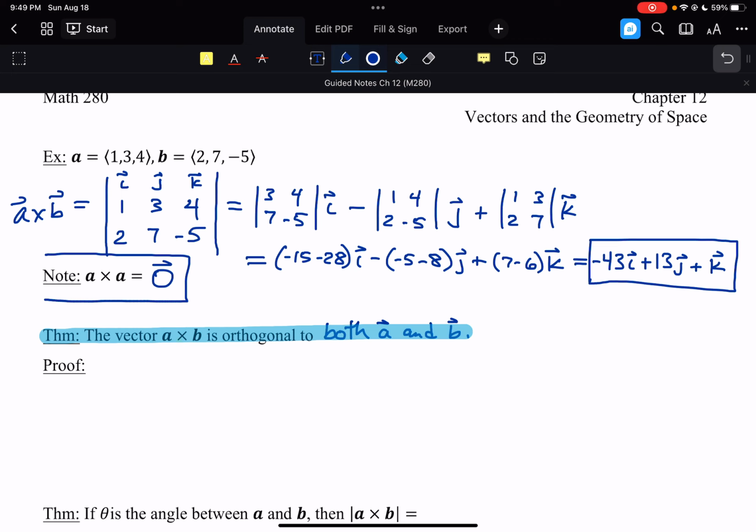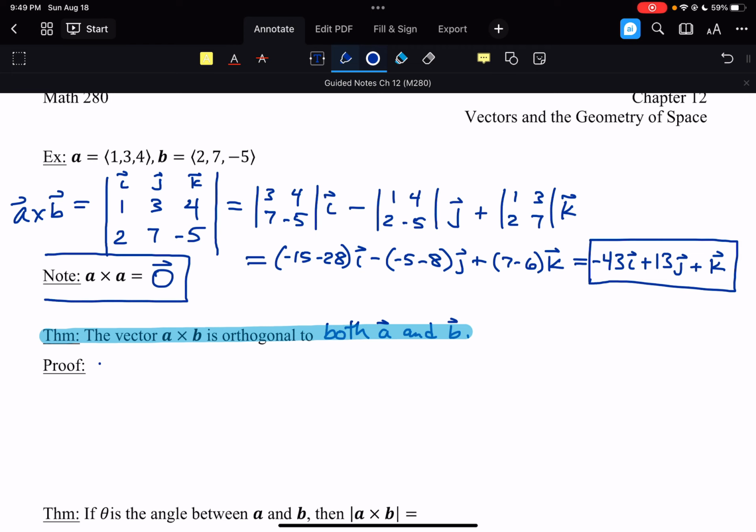We can actually prove this. We're just going to prove it for A, but the proof for B is almost exactly the same, just with B's instead of A's in it. If we want to show that the cross product is orthogonal to A, we can use something from the previous section: two vectors that are orthogonal will have a dot product of 0.